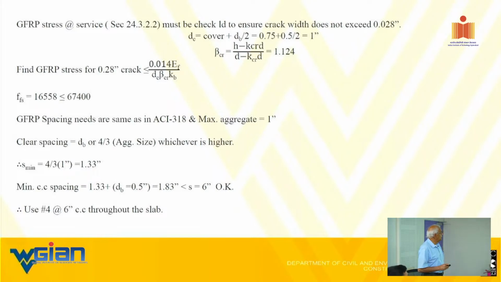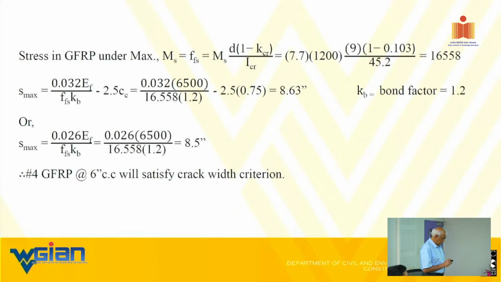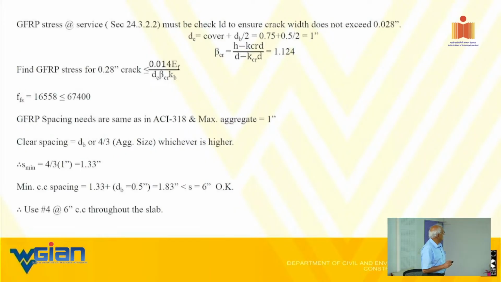So we do another several checks here. As you can see, I want to point out that the stress is 16,558 psi, and that is the check we are making here. As you can see, this particular system can take up to 67,400.